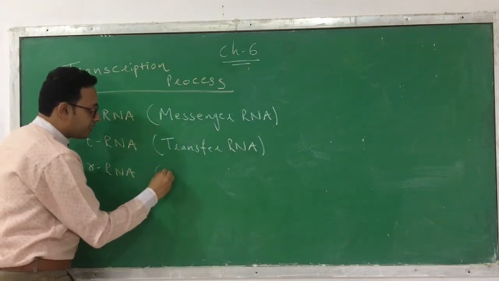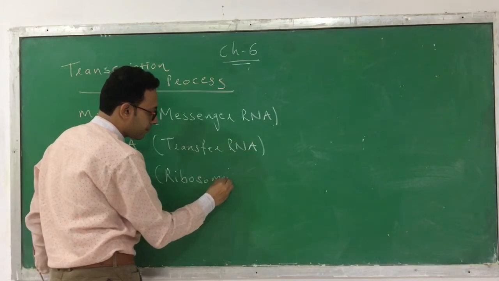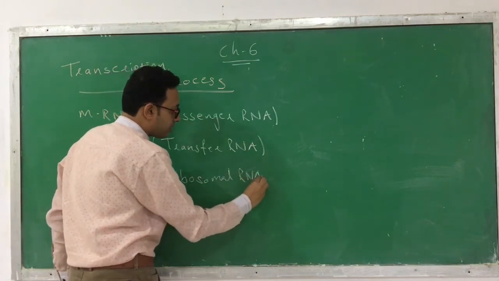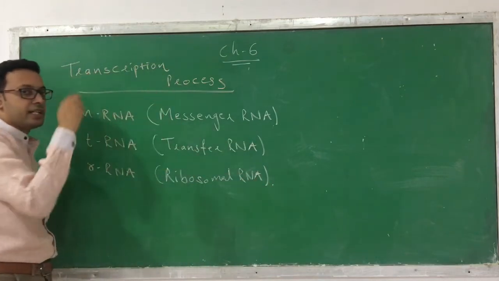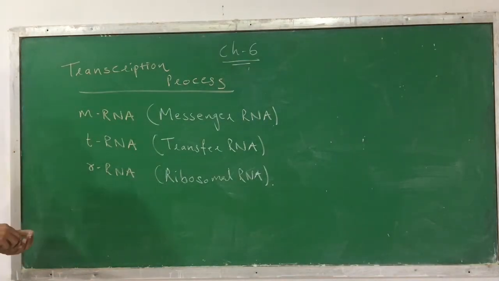And rRNA is called ribosomal RNA. These are the three types of RNA.